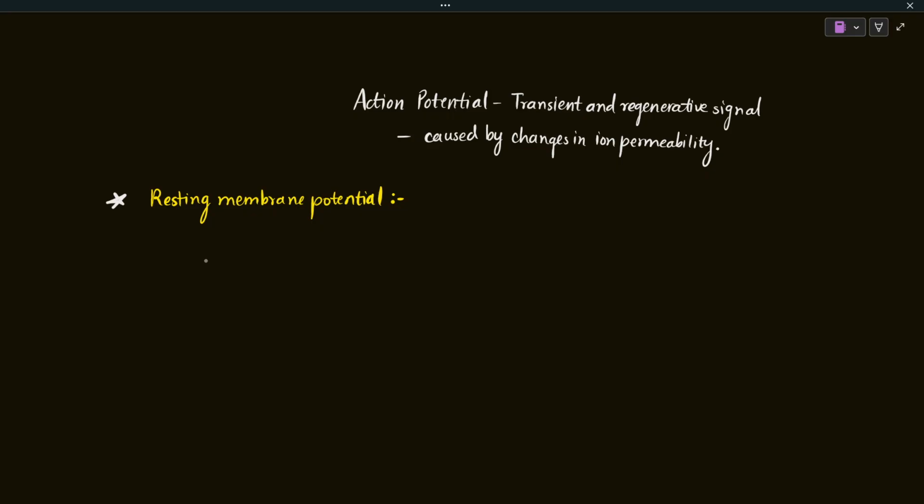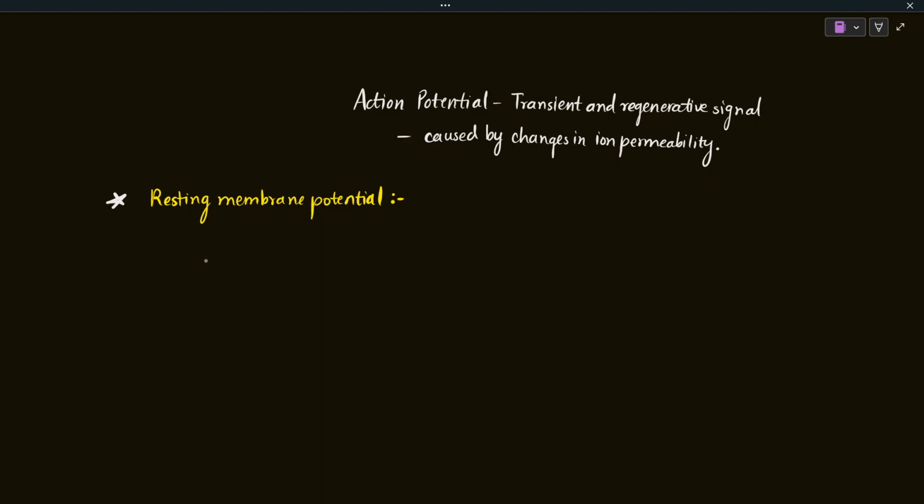It is maintained due to the leaky ion channels, the potassium leak channels present on the membrane, and compared to the potassium channels, the sodium leak channels are very few, but they are there. So the membrane is selectively permeable to potassium ions, but it is somewhat permeable to sodium as well as chloride ions. The chloride ion flux depends on the situation.